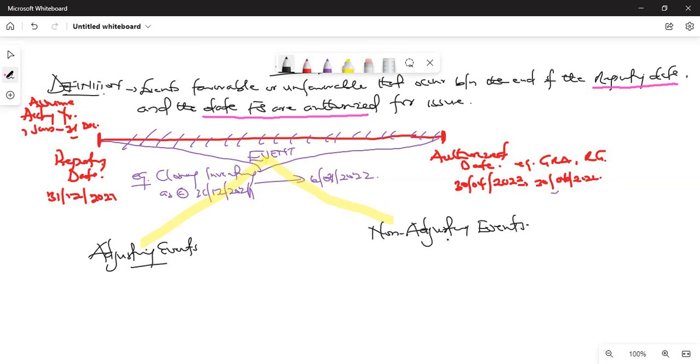What are adjusting events and what are non-adjusting events? Adjusting events are events that give indications of conditions that existed at the end of the reporting date. Okay, they give indications of things that existed.